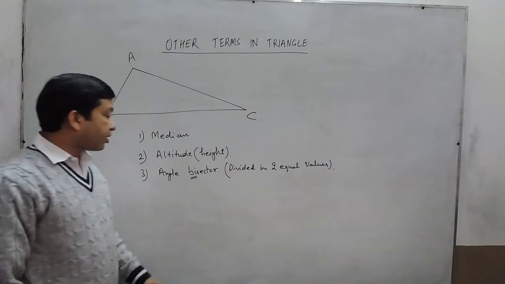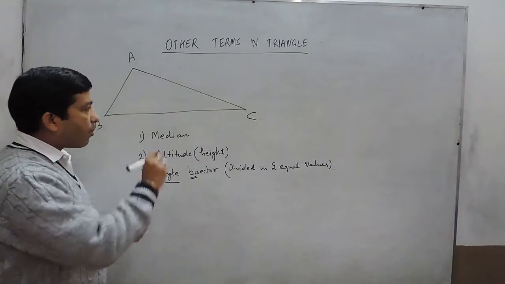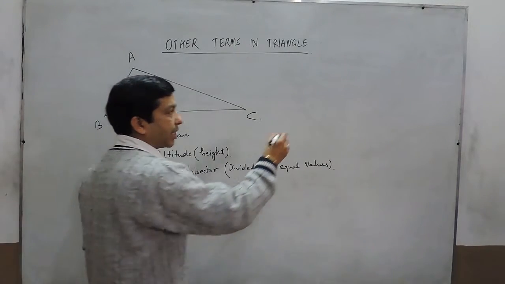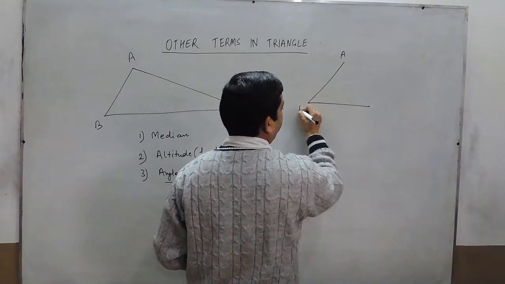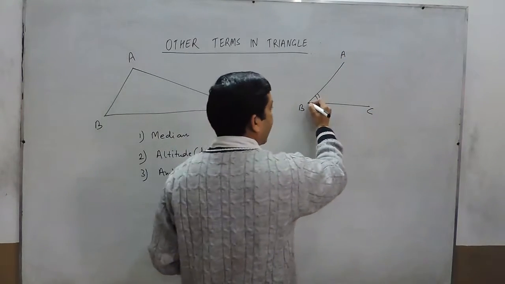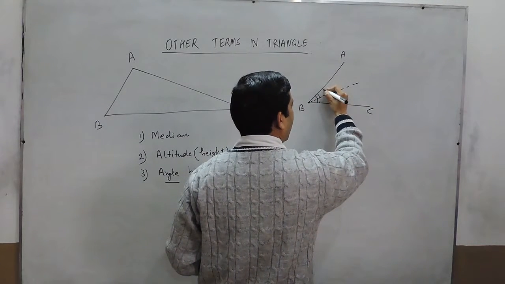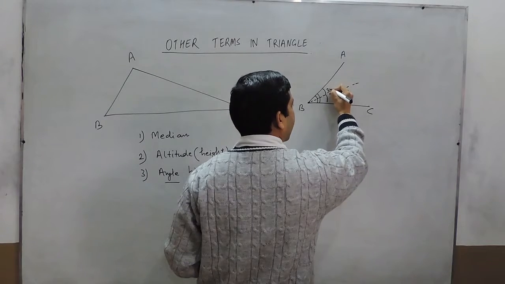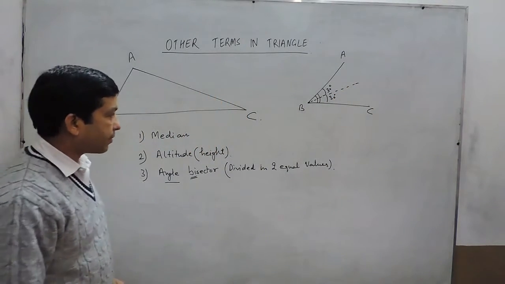That means if some angle is 60 degrees and we talk about a line which is bisecting the 60 degree angle into two parts, suppose I make a line dividing it into two equal parts of 30 degrees each, that line is known as the angle bisector.